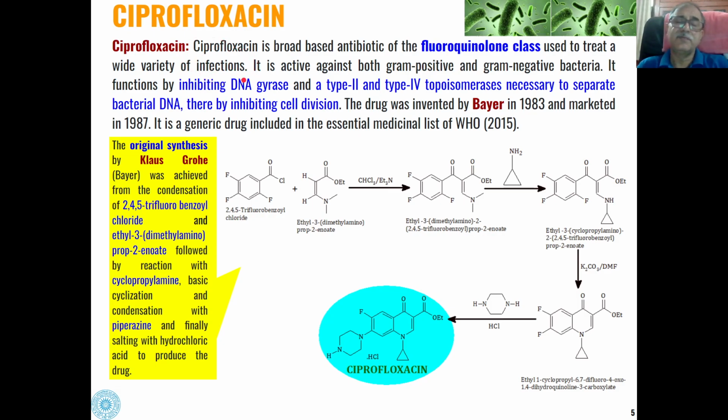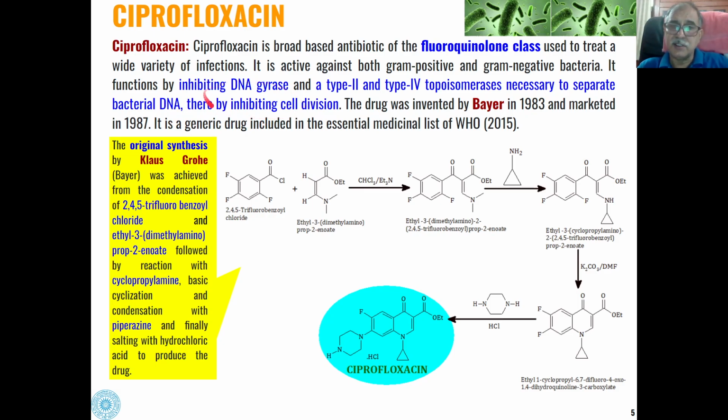As I told you in the second lecture also, this is active against both gram-positive and gram-negative bacteria, and the mechanism of action is that it inhibits DNA gyrase and type 2 and type 4 topoisomerase, which are necessary to separate bacterial DNA.